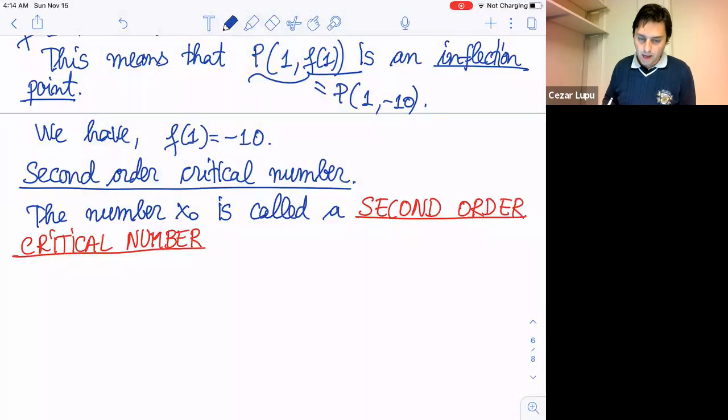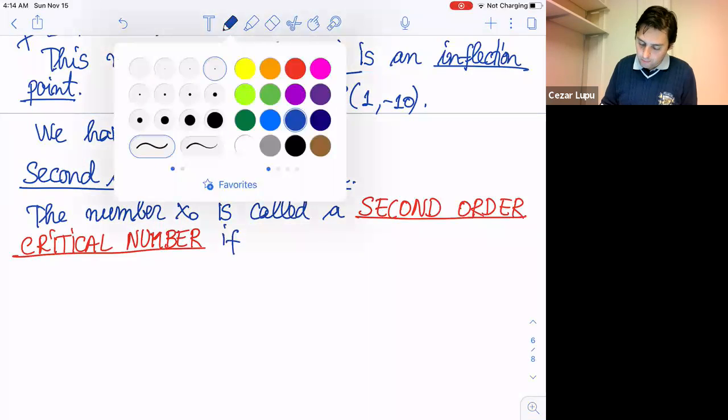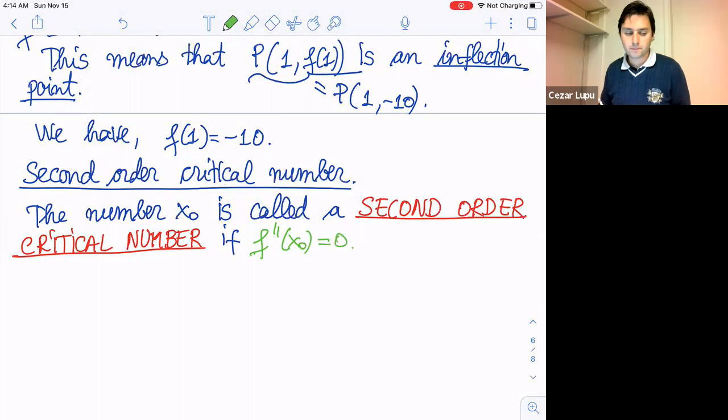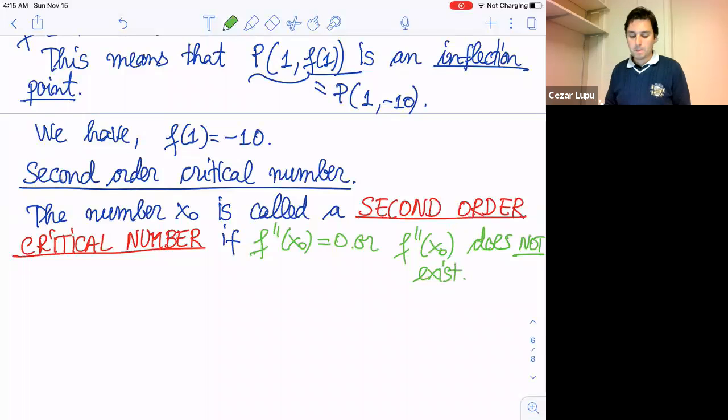So if the second derivative at that point, f second prime of x naught, is 0, or the second derivative at that point does not exist, okay, so they're simply the critical numbers of f prime of x.